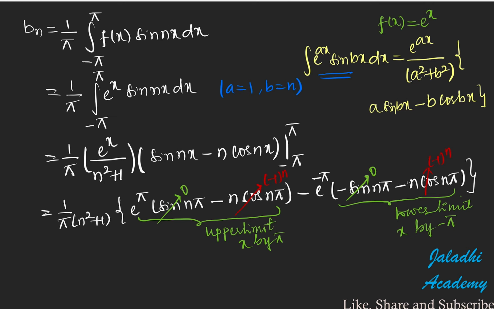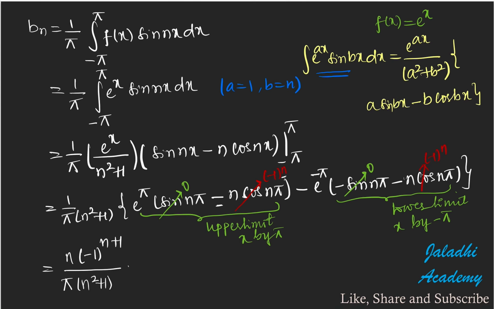So n is there together, we can take n common, n into, already here 1 minus is there, here (-1)^n is there. By using laws of indices, we can write (-1)^(n+1) divided by pi into (n^2 + 1) into e^pi minus e^(-pi).